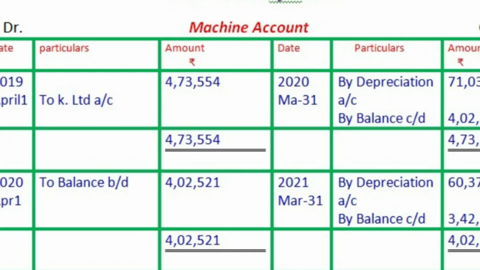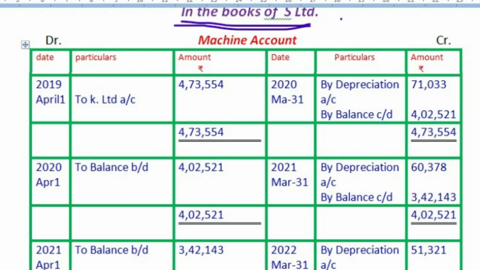The solution to this problem is on the screen. In the books of AS Limited, the hire purchaser, the machine was purchased on 1st April 2019 from K Limited. Journal entry: machine account debit to K Limited account.